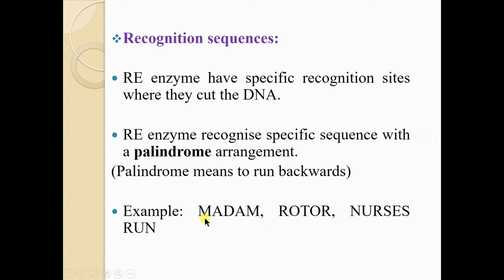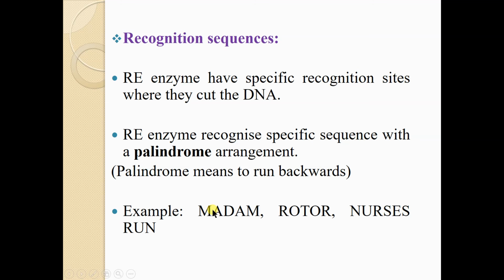For example, the palindromic word madam. If you read from the first side, MADAM, and from the backwards, MADAM, both are the same. So it is one palindromic word. When we read a word from either side, front or back, the meaning or sequence is the same.